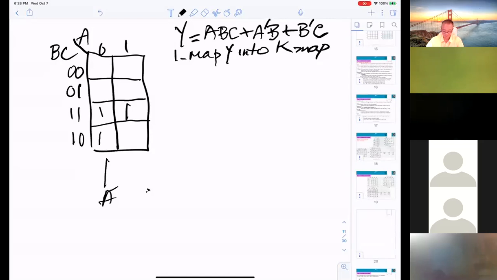Now map Y into the K-map. Who can get the next one? Not B, C. Is it both of the boxes going across the second row?